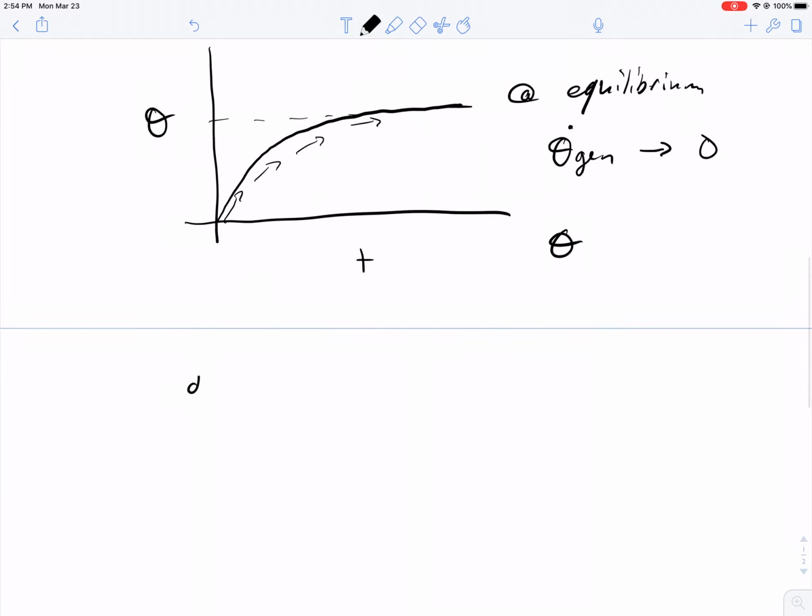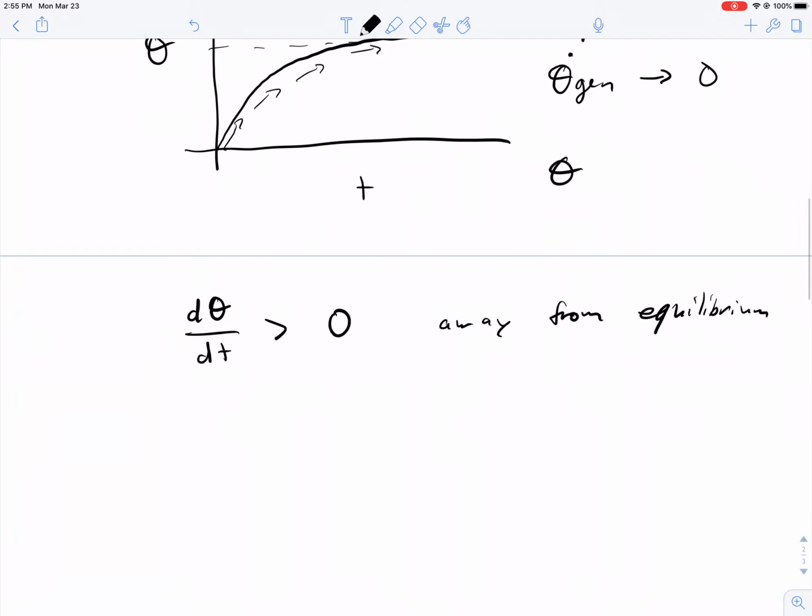So basically, in mathematical terms, we can say that d theta dt is some variable that's greater than 0 away from equilibrium. Write that down here.